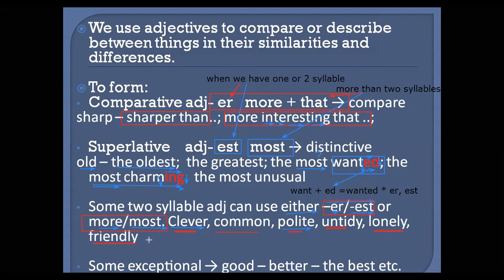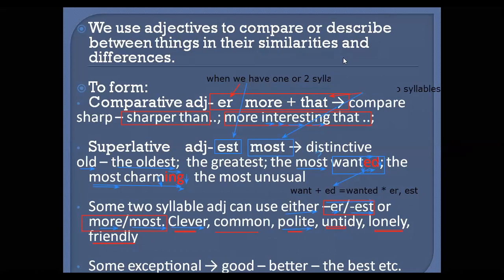Friendlier or more friendly, lovelier or more lovely, the most untidy or untidiest. Either way you can choose to use it. But some are exceptions, which we call irregular. For example, good, better, and best. Those words you have to memorize on your own. There's no other option. Most of them you know, right?